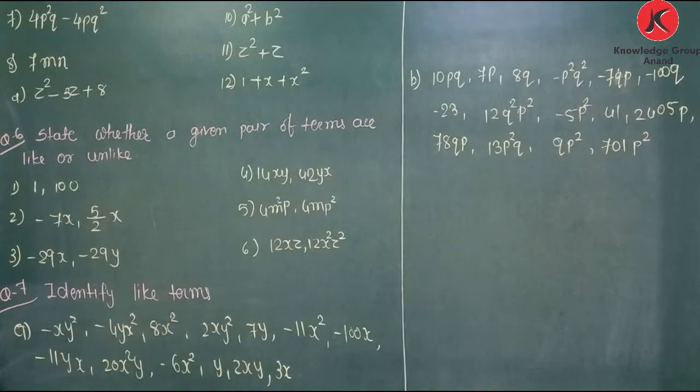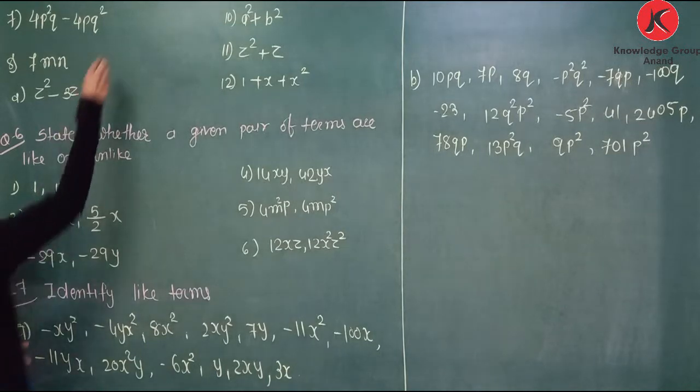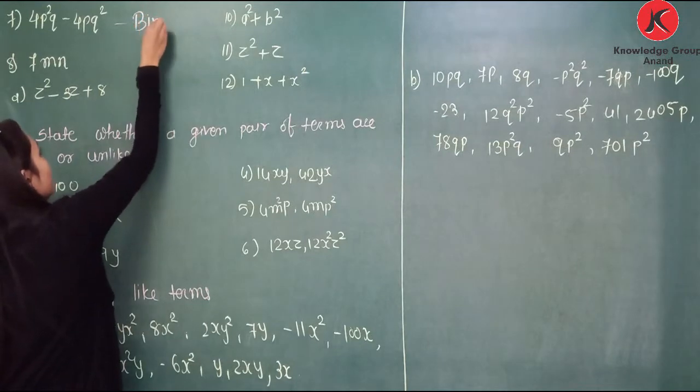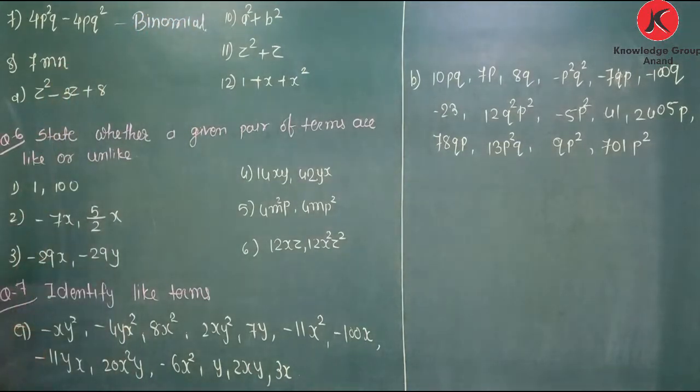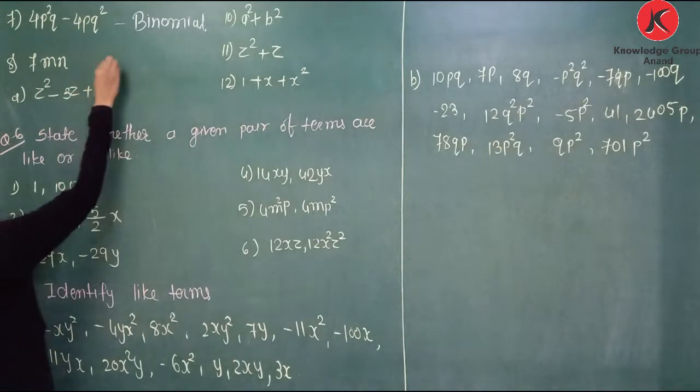Now next expression is 4p square q minus 4pq square. So that is binomial. It is monomial, only one term.